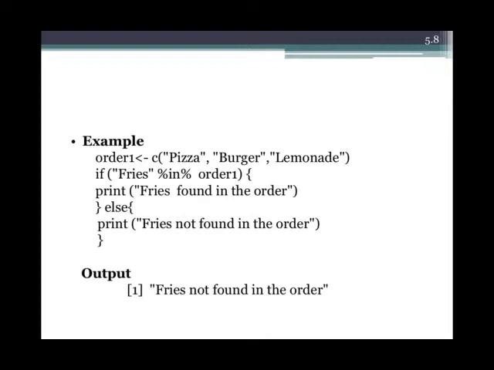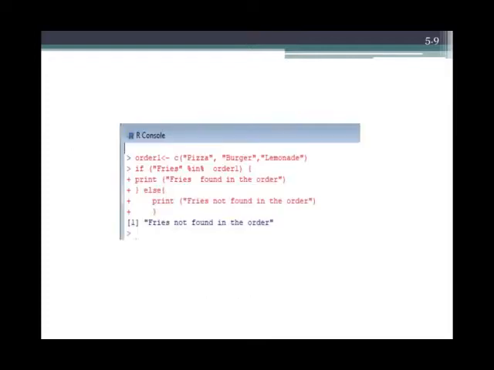But since fries is not found in order1, which has only the words pizza, burger, and lemonade, the else statement will be executed. So you can see from the output, we have run this same example. Since fries is not found in any of those three words which are stored in order1, the phrase not found in the order is displayed.